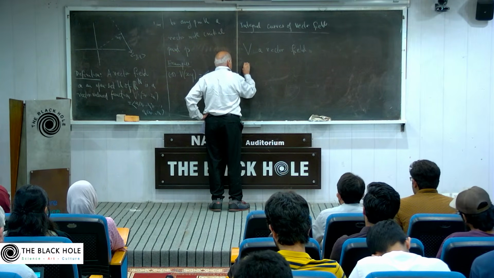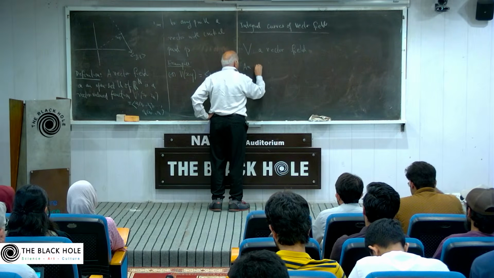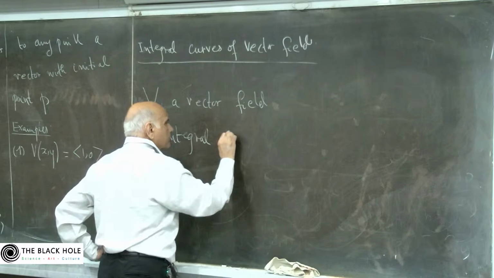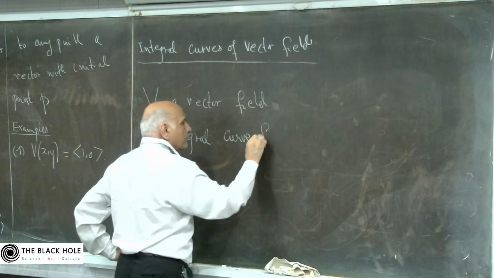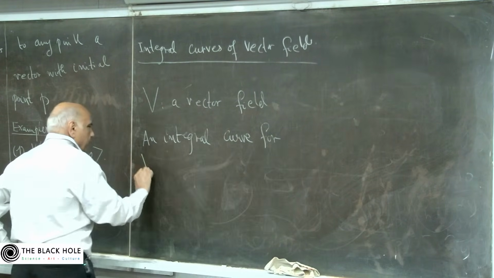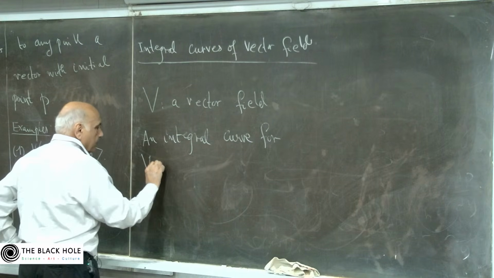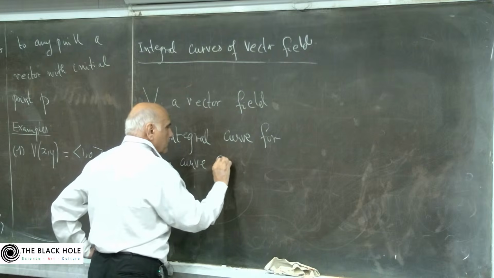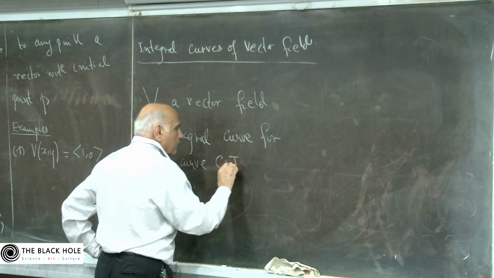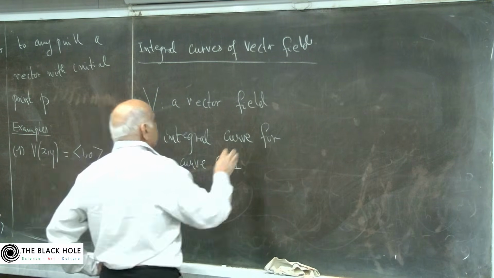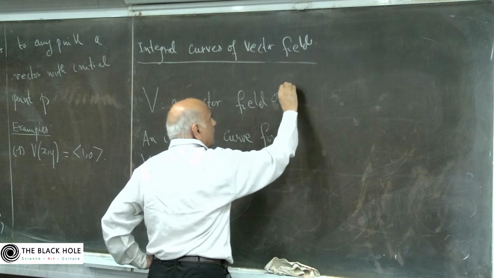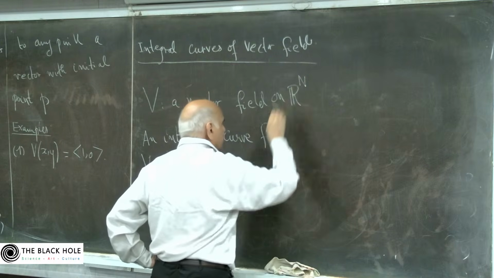An integral curve for V is a curve C defined on a vector field on Rn or on an open set of Rn.